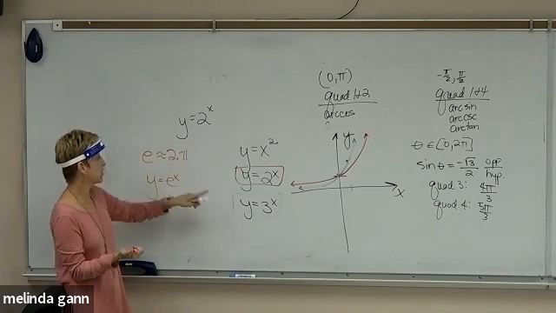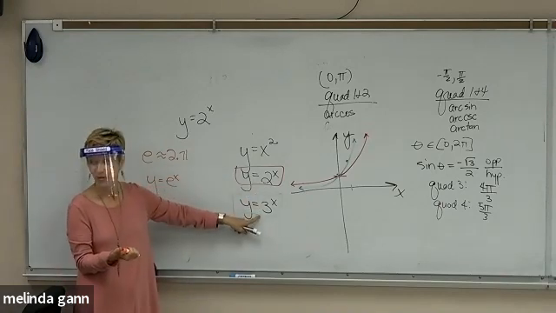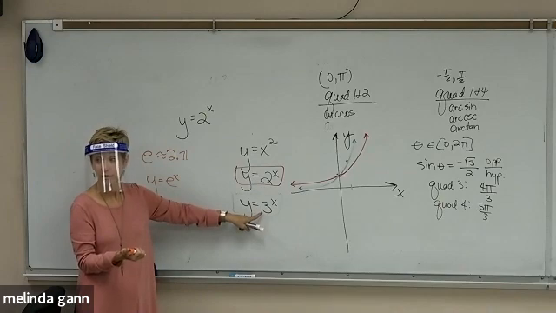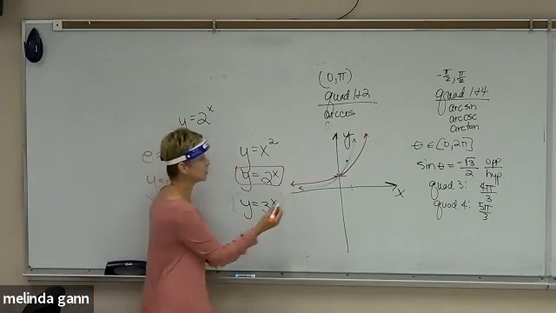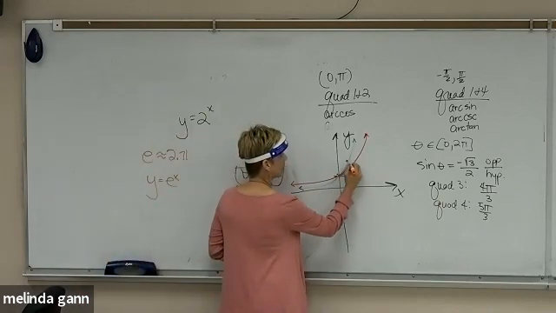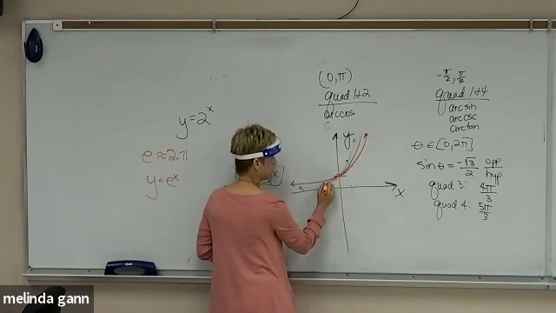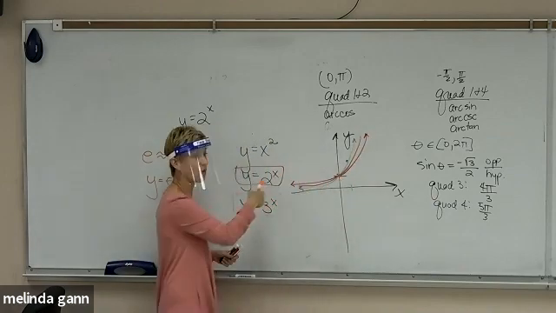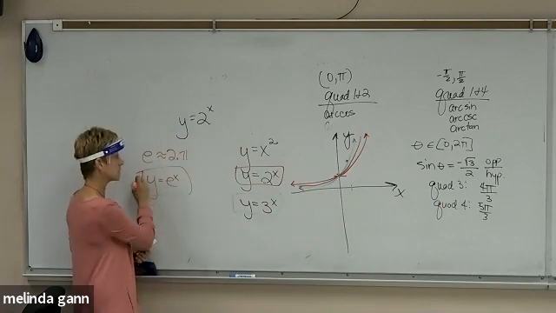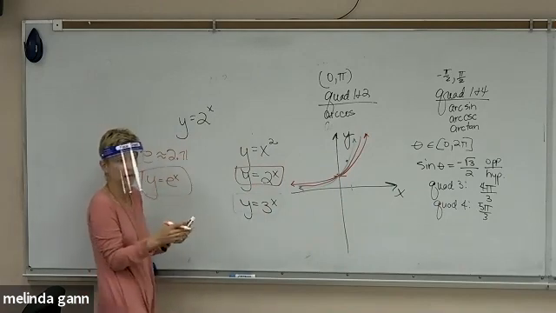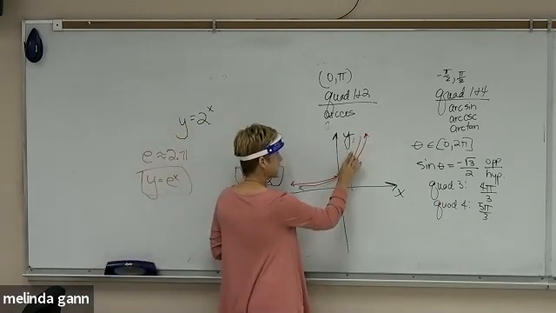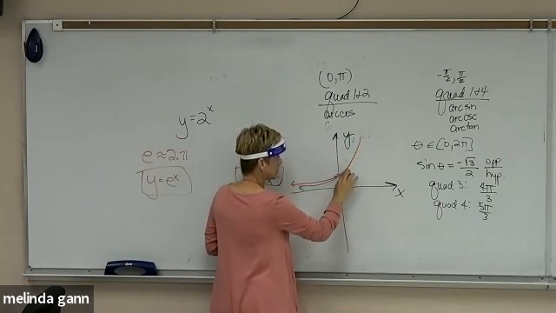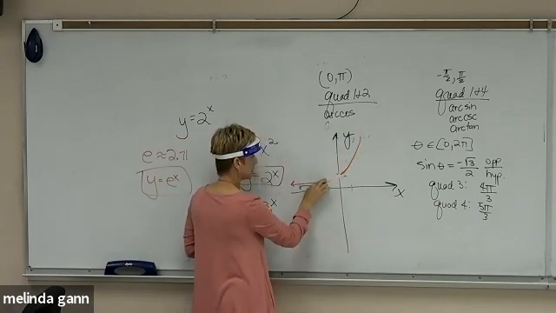And it's a number between 2 and what? 3. It's a little closer to what? To 3. So it's going to be a little closer to the blue graph. So that orange graph is just y equals e to the x. That's all it is. There's nothing hard about it, magical about it. It looks just like that.